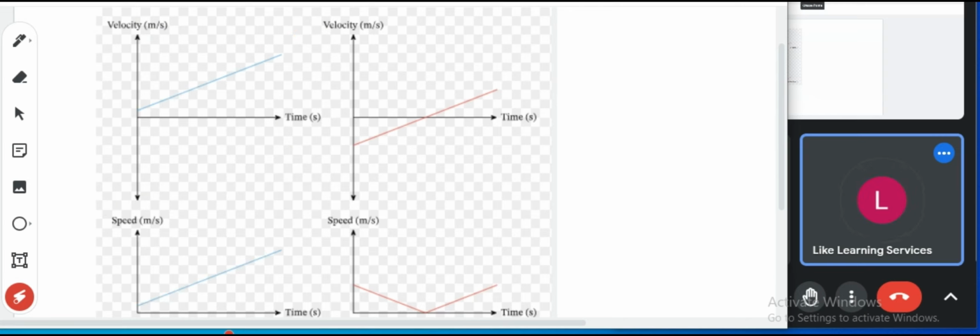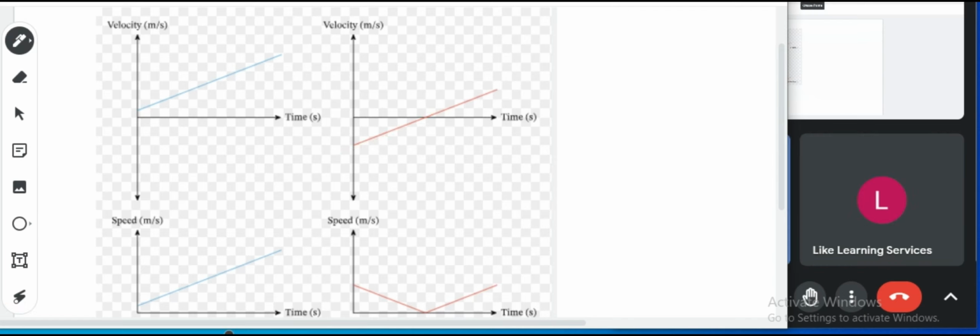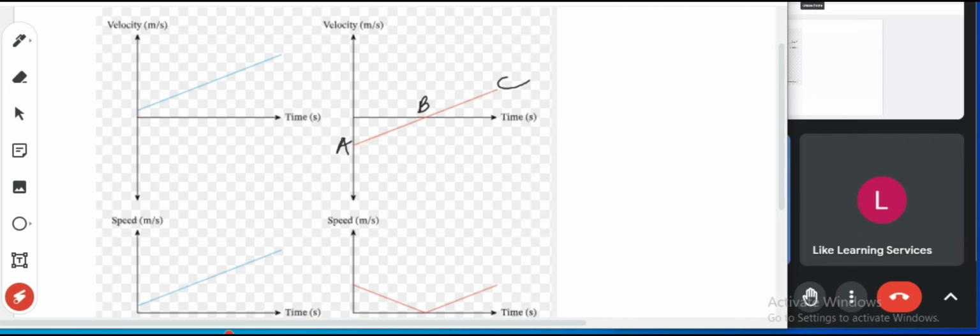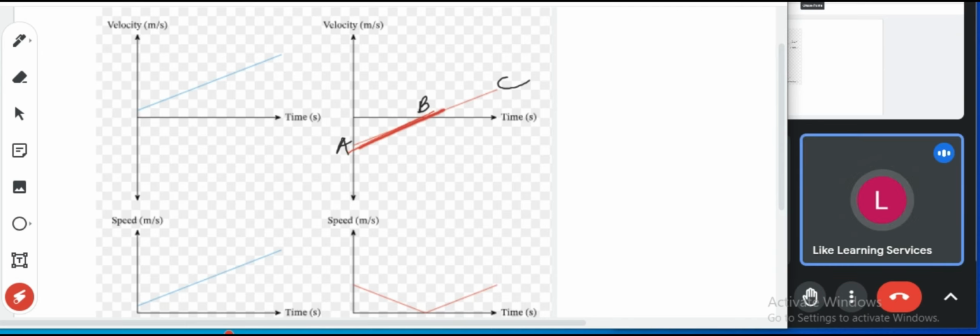But what is this one from here to here? Let me letter it A to B and then B to C. What is A to B? Constant acceleration going the opposite direction? No, remember what we said. If it is going this way, it's not an acceleration. Oh, constant deceleration.